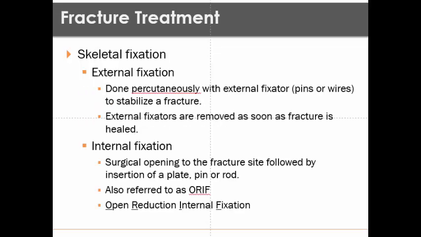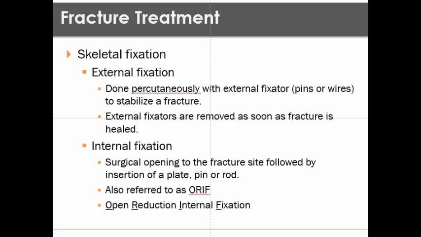The definitions of skeletal fixation: you can have external fixation, which is done percutaneously with external fixators like pins or wires, and it's done to stabilize a fracture so it doesn't move. External fixators are usually removed as soon as the fracture is healed.